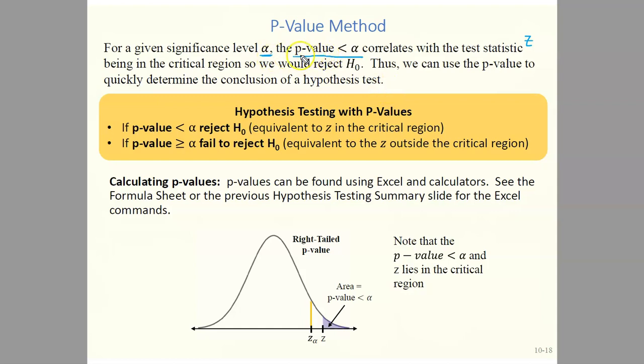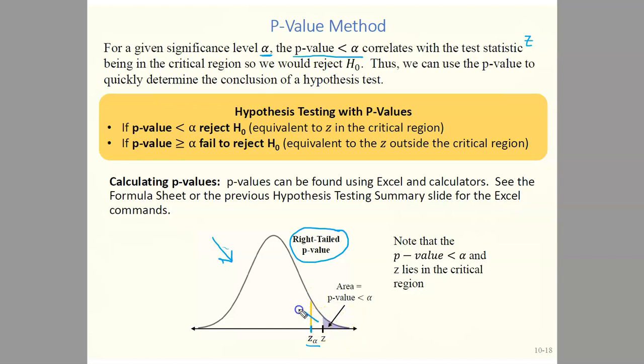Now, to see why the p-value being less than alpha correlates to this test statistic z being in the critical region, take a look at this graphic down here. Okay, so take note of this. This is for a right-tailed test, but the other two tests look similar. So right here is your critical value z alpha. Now keep in mind the area to the right of z alpha under your standard normal curve, that's going to be alpha.